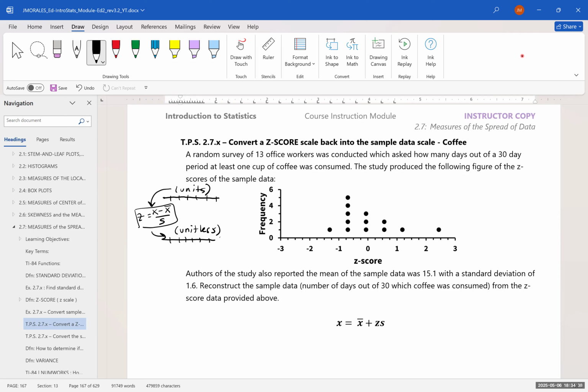But now if we want to go back in the other direction, we need to use the inverse function, x equals x bar plus zs, in order to go back.